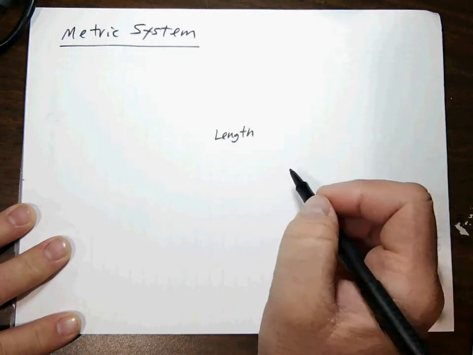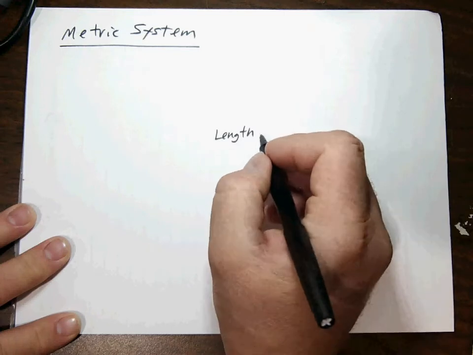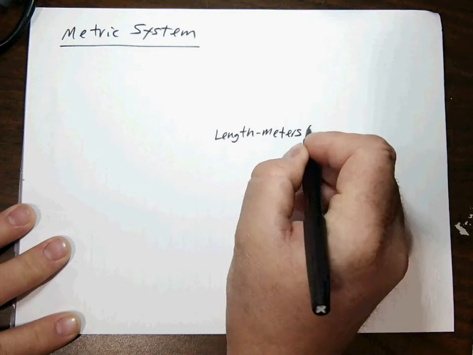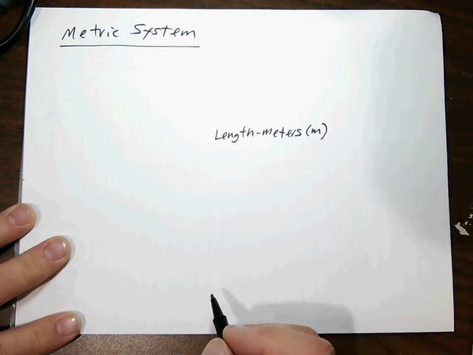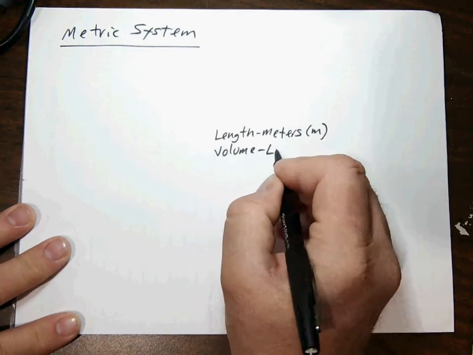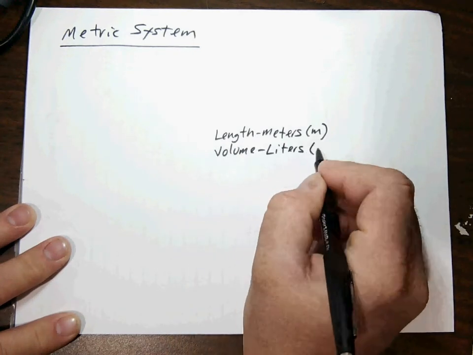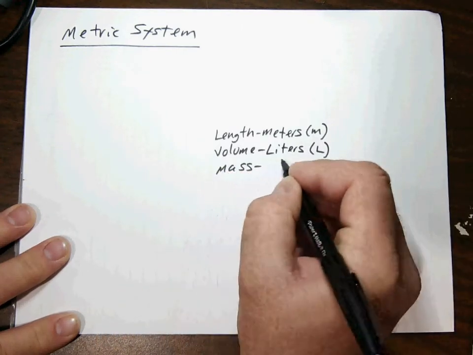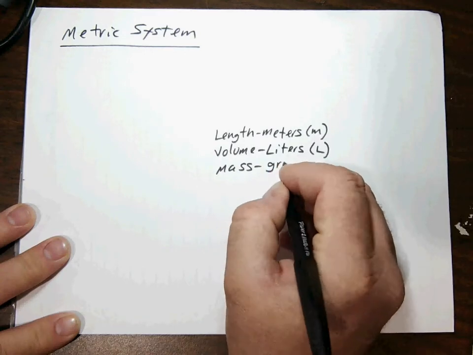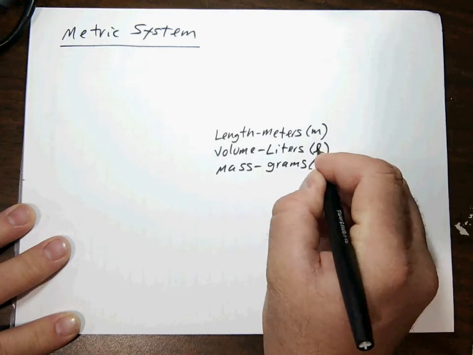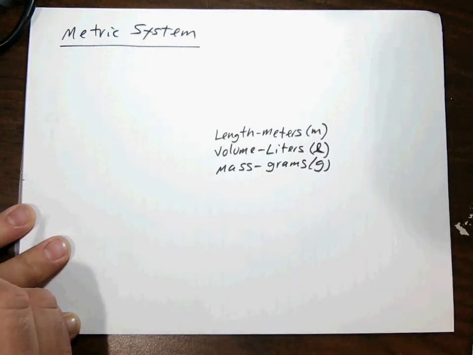In the metric system, length is measured in what's called meters, represented by the letter M. Okay, volume is in liters, letter L, and mass in grams, letter G. Usually it's a small L, by the way. I put a capital L there. Alright, meters, liters, and grams.